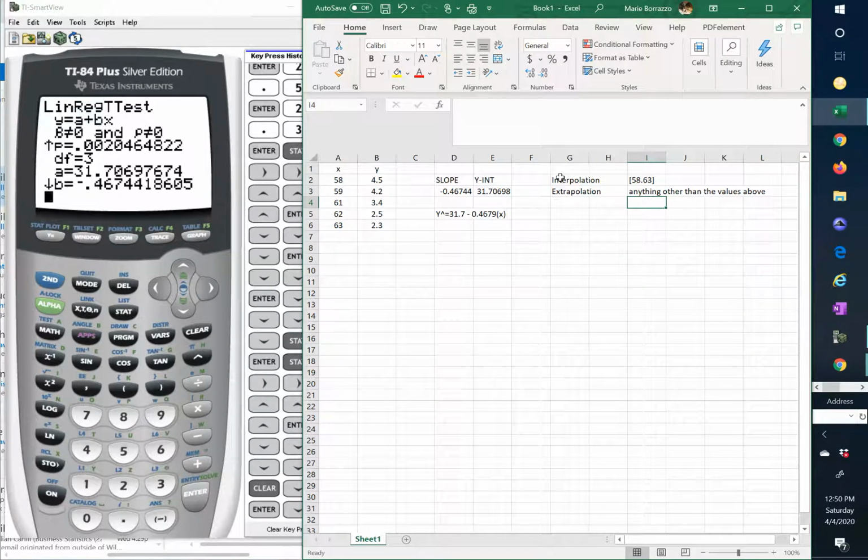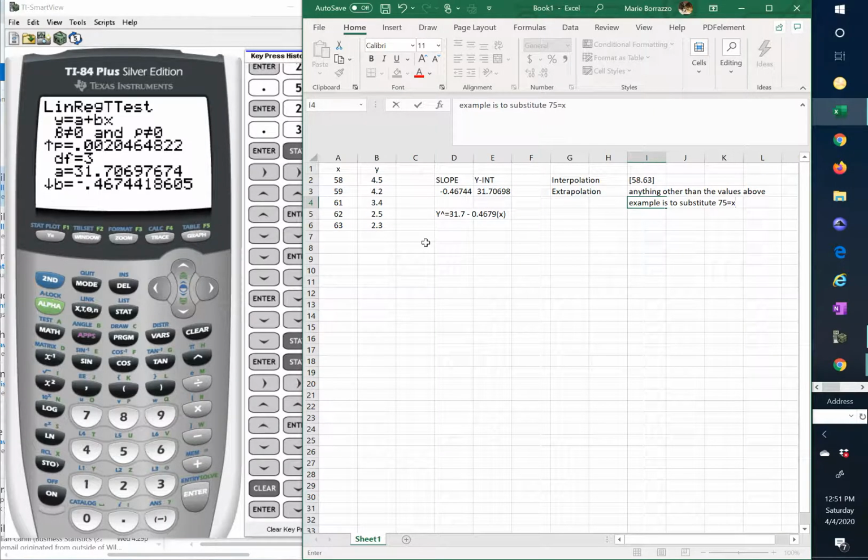So for example, an example of an extrapolation would be if I substituted in, so let's say I substitute 75 as a number in for x. Then I have a problem because that model, if you notice, our model only goes from 58 to 63.